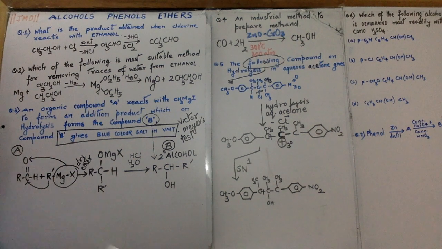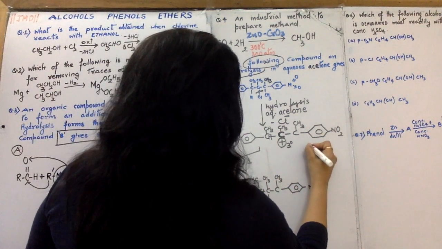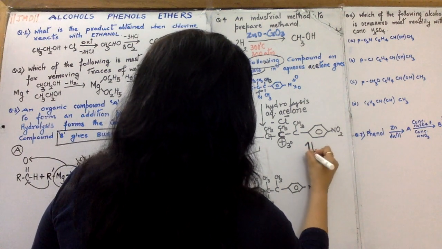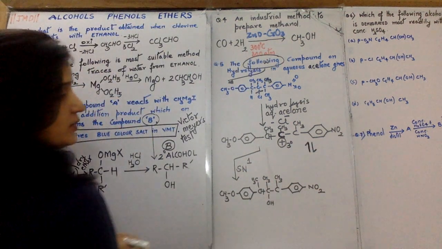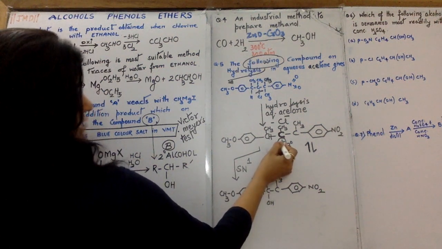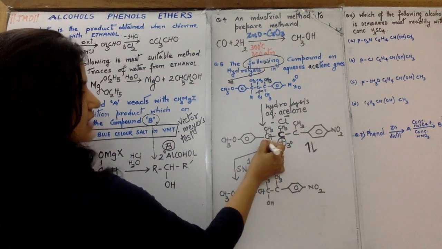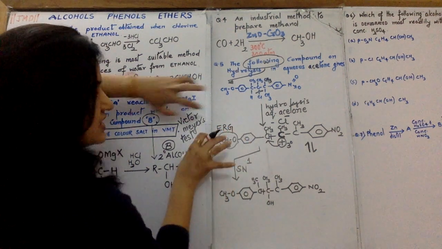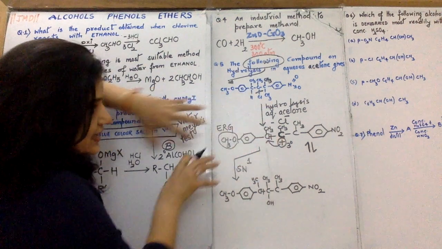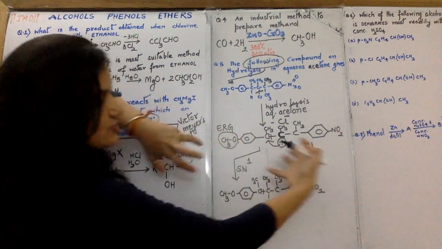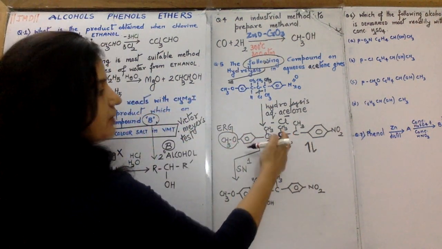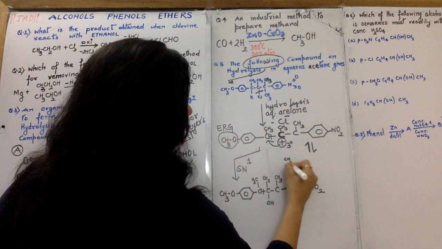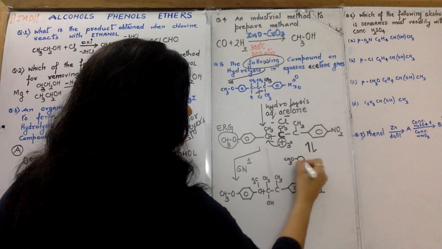But one more thing can happen. This can get converted to a more stable carbocation where this plus will shift here because this is an ERG. ERG is an electron releaser. It is giving electrons and this is plus, so it needs them and will come nearby. So this 3 degree from here can shift here because of the ERG and we will get something like this.